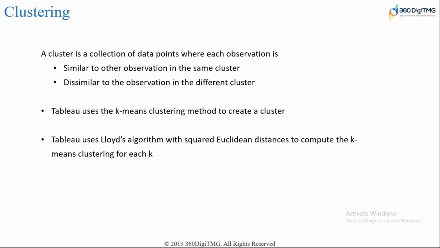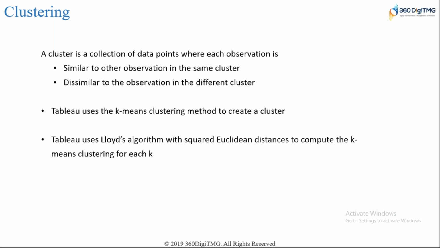A cluster is nothing but a collection of data points. How do we bring the data points together? Which data points would we want to cluster together or combine together and create a cluster? Data points which are very close to each other will form a cluster, which are similar, which have a similar feature or a similar attribute.